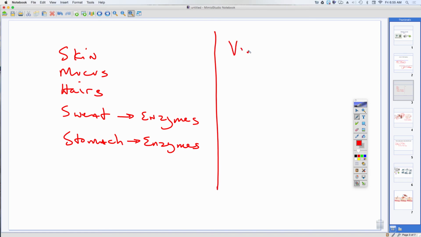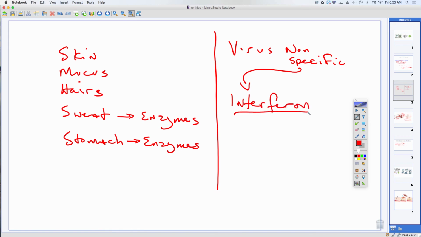However, you need to know that you actually have a non-specific response to viruses. This non-specific response to viruses is due to a chemical called interferon.